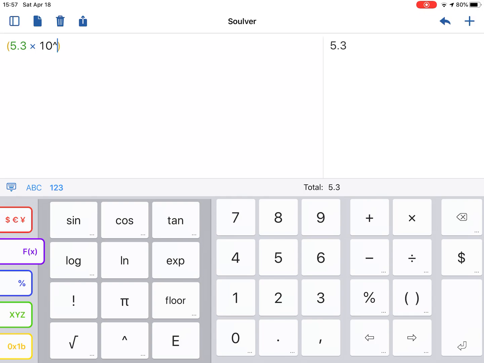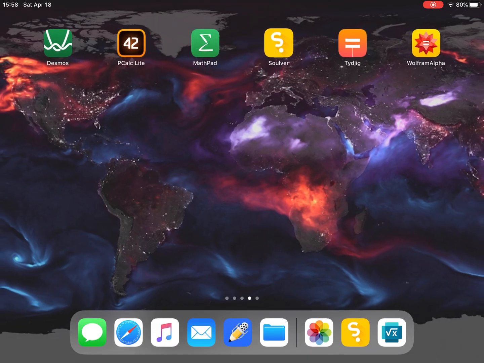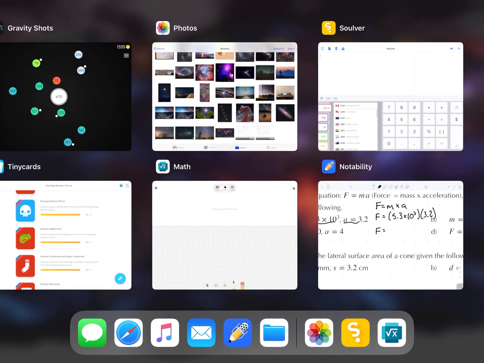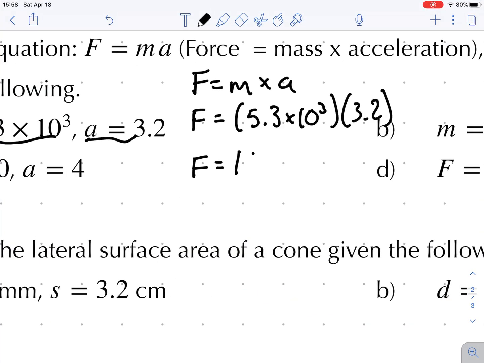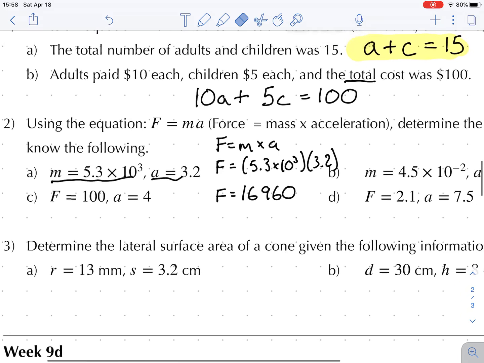So I'm putting that in brackets. 5.3 times 10 to the power of 3. And it tells me what that is. And then I'm going to times it by 3.2. And it's 16,960.